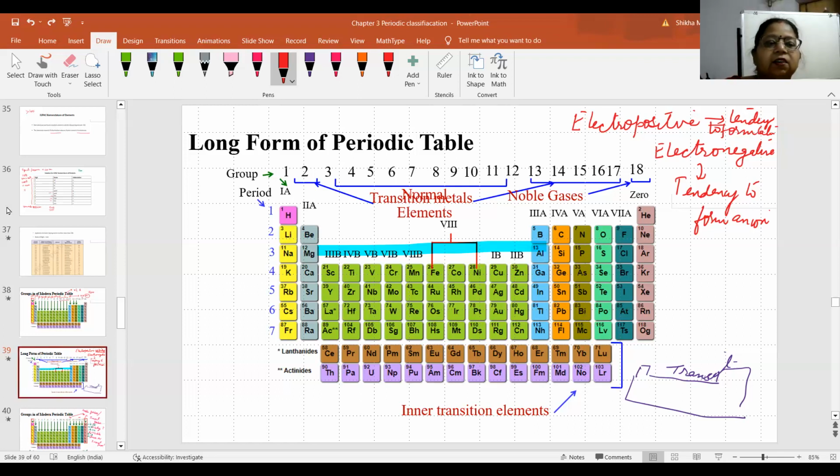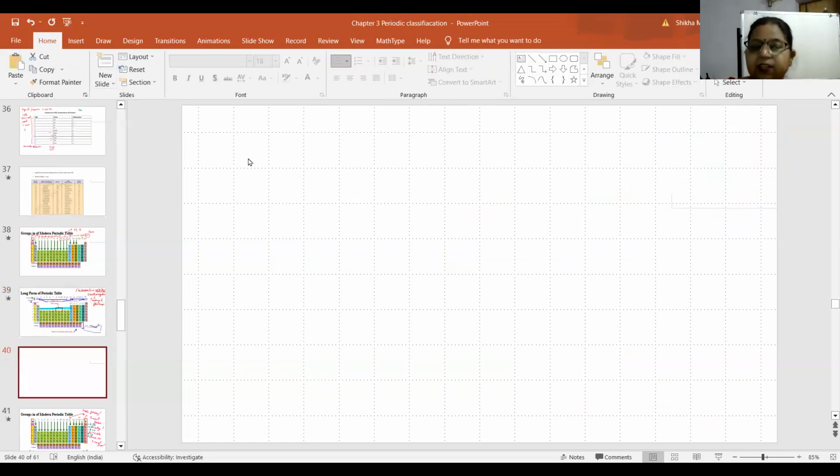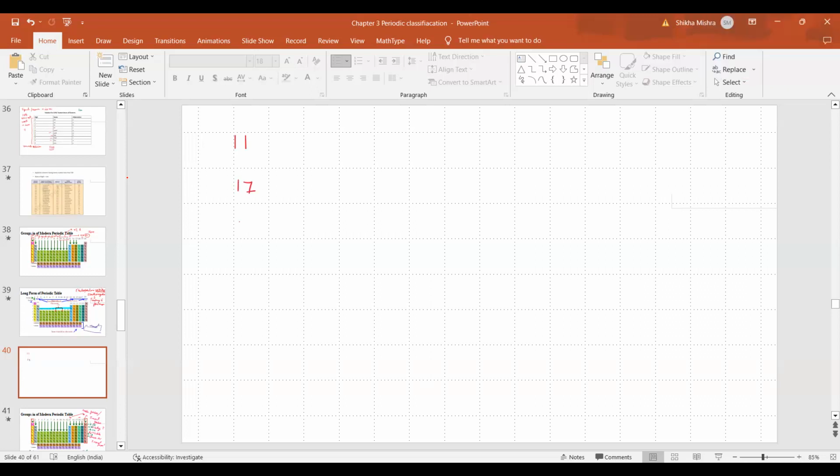No. We will just take up one small activity, or rather we will write the electronic configuration of elements, let's say with atomic number 11, 17. Ma'am, but zero group is all noble gases, no, ma'am. I didn't understand your question, Ria. No, ma'am.